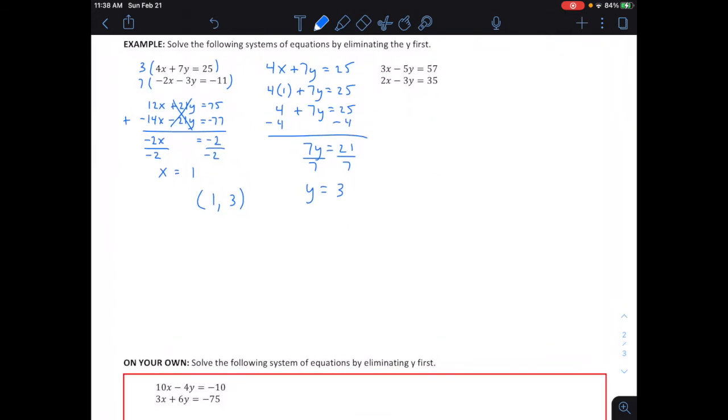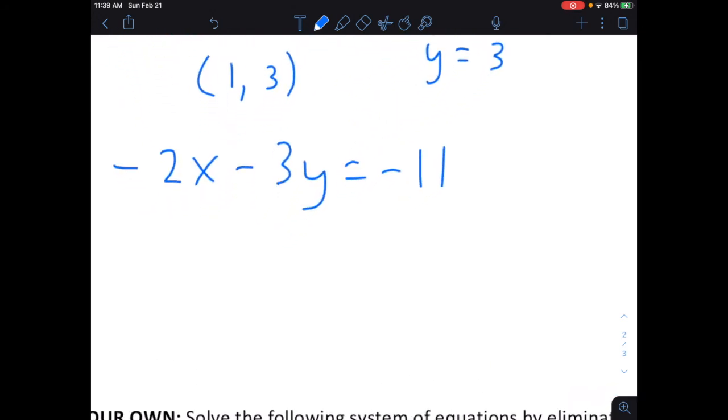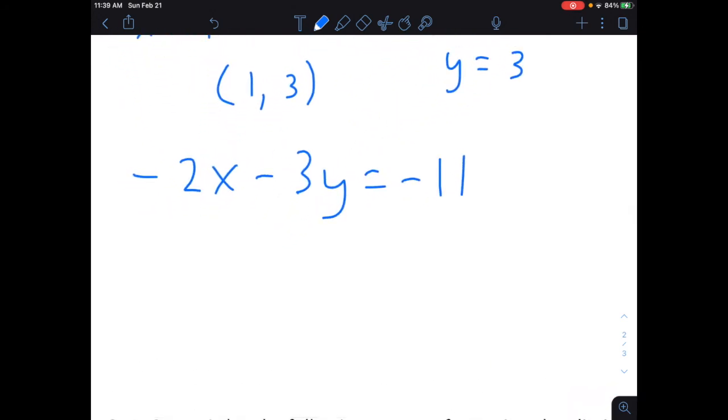But I'm going to check by plugging it into that bottom equation. -2x minus 3y equals -11. Oh, man, lots of negatives here. I don't like that negative sign, so I'm going to change it. All right, so I'm going to plug in a 1 and a 3. So we have -2 times 1 minus 3 times 3 equals -11.